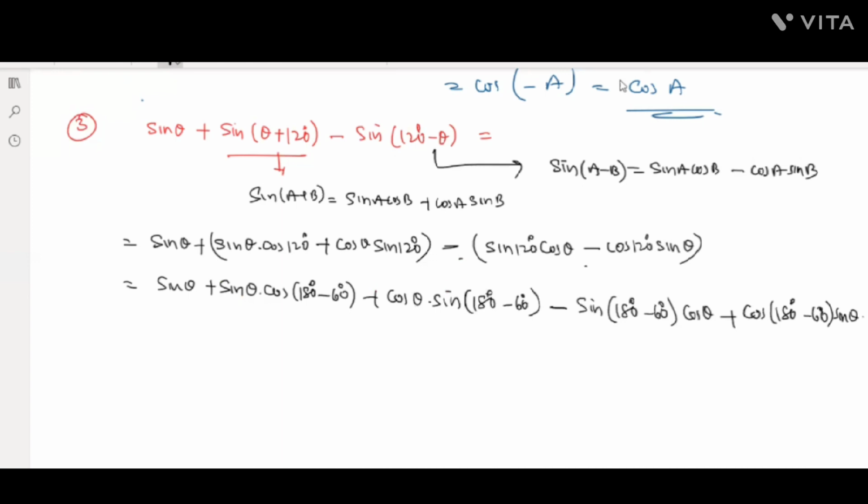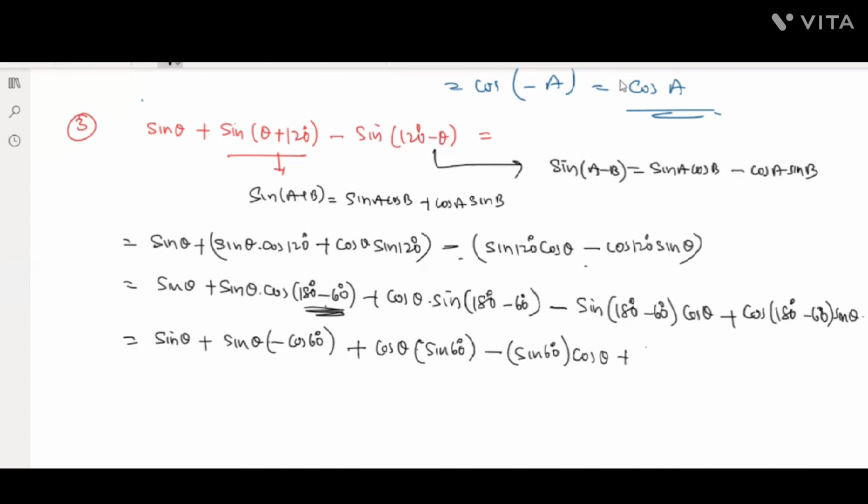So this is equal to sin theta plus sin theta into, this belongs to the second quadrant, 180 minus 60, so it will become minus cos 60, plus cos theta into sin (180 minus 60), which belongs to the second quadrant, so it is positive only. So you'll get sin 60, minus, here also sin 60 only, into cos theta.